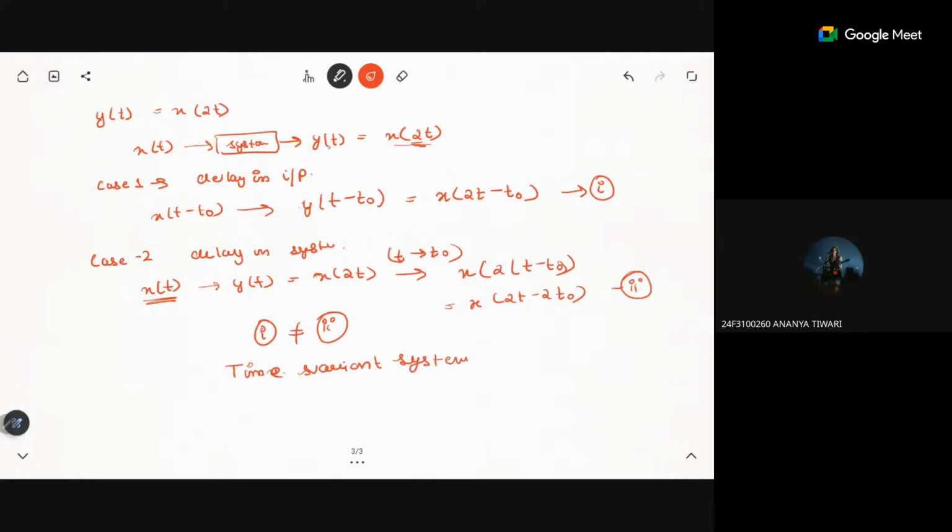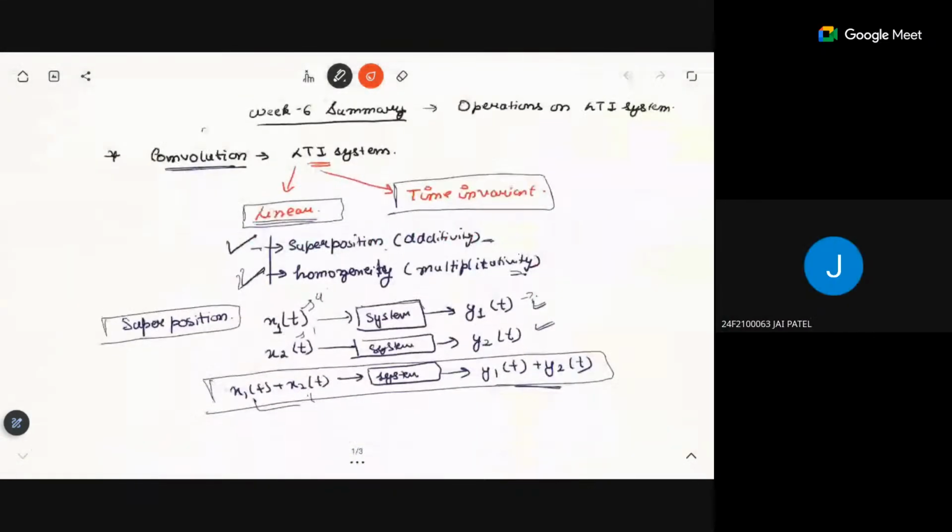Time variant system. Okay, so now you understood what is time invariant and what is linear. So coming back, convolution is only possible when the system is LTI, that is linear and time invariant.